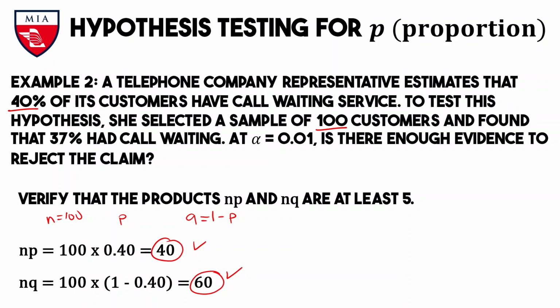Okay. So what is the claim here? The telephone company representative estimates that 40% of its customers. So our alternative hypothesis here is what? We have p is not equal to 0.40, and our null hypothesis is p is equal to 0.40.